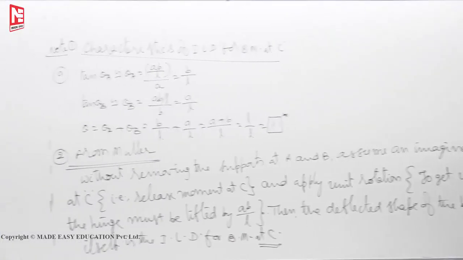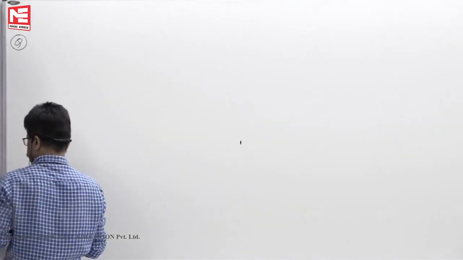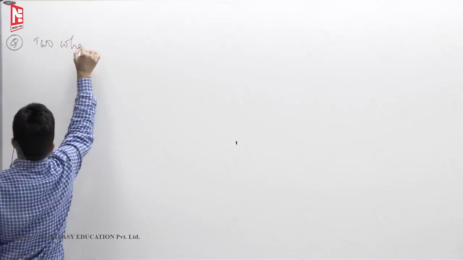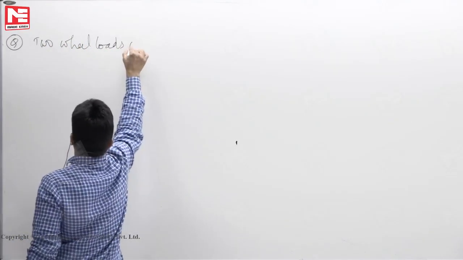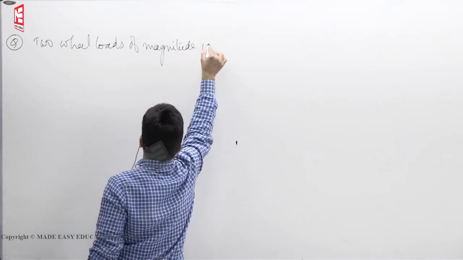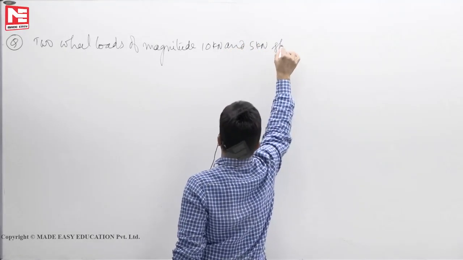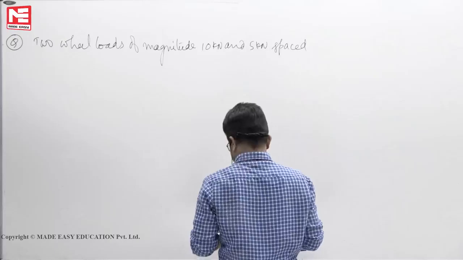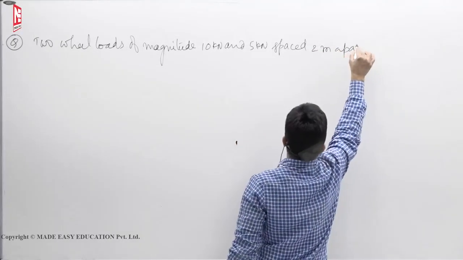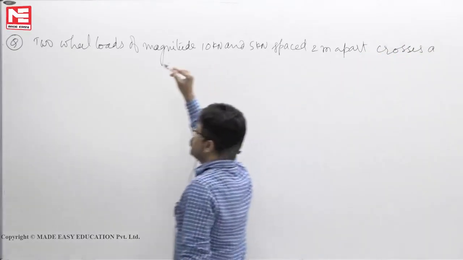Okay, now let us see the numericals. Two wheel loads of magnitude 10 kilonewton and 5 kilonewton, spaced 2 meters apart, cross a simply supported span.